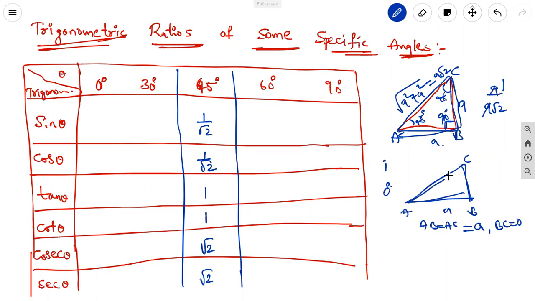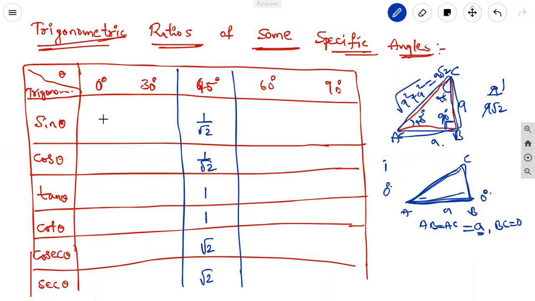Because when the theta angle coincides with the AB line, it makes 0 degrees. So the length of the BC line becomes 0. The AB length and AC length both coincide, so the length will be A. In this, opposite means BC, adjacent means AB, hypotenuse is AC.